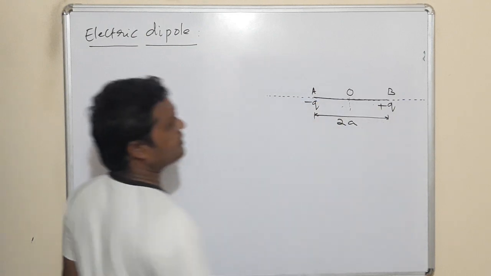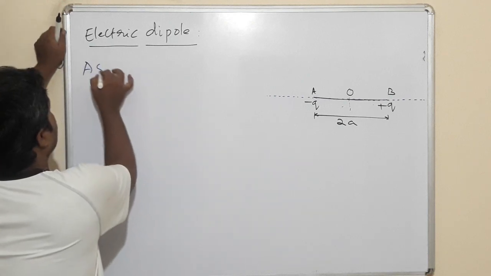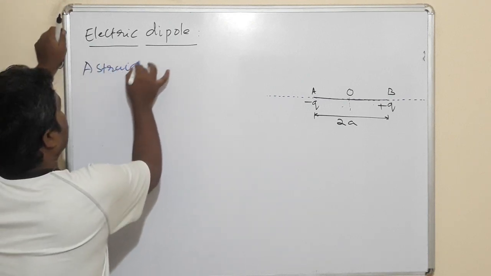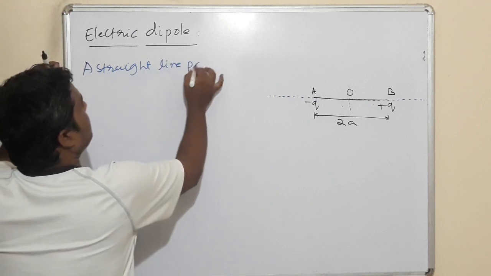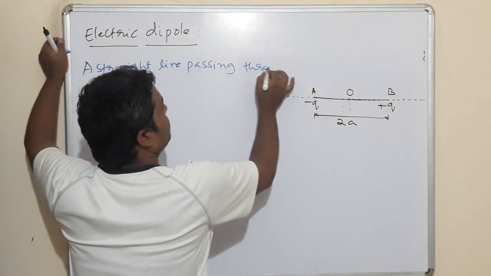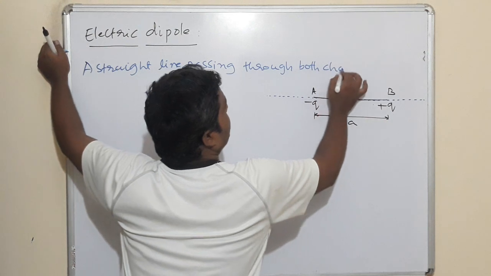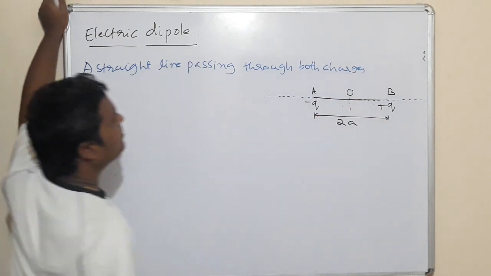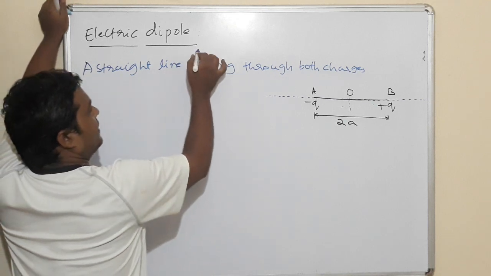That means a straight line passing through both charges is generally called as axial line.